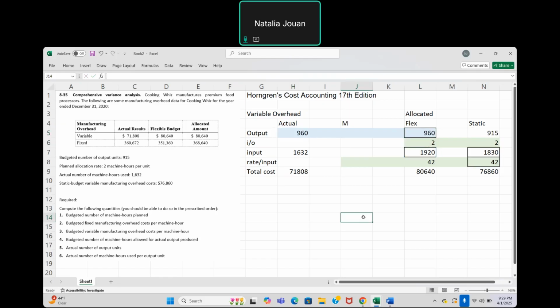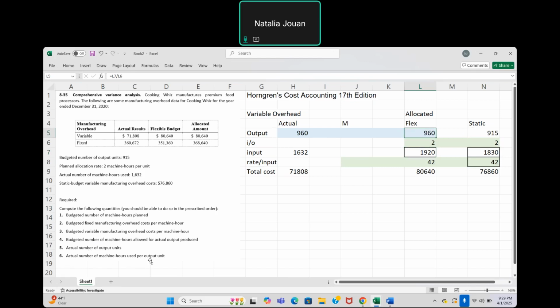Now, let's solve for 1, 2, 3, 1. Am I missing a box somewhere? Oh, do we have to solve for this? Oh, that's given. So machine hours plan, 1, 2, 3, 4. 4 variables so far. So now we're going to try to solve for actual number of machine hours used per output unit.